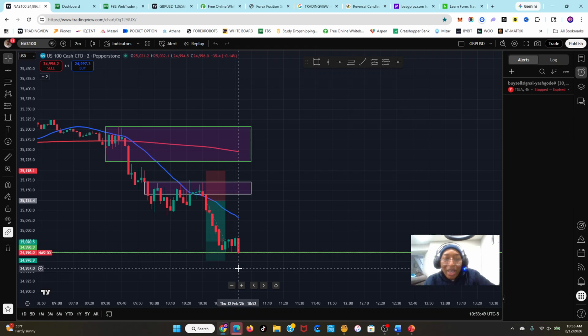No, it came back. It needs to close below, guys. It needs to close below that green line. If it closes below that green line, then we know we are, okay, it didn't, but okay, let's see this one here that came. It was very close, but it didn't close below that line.